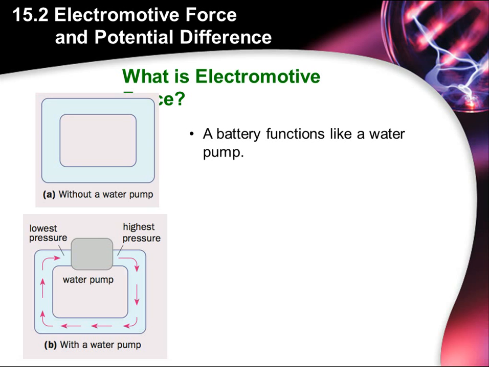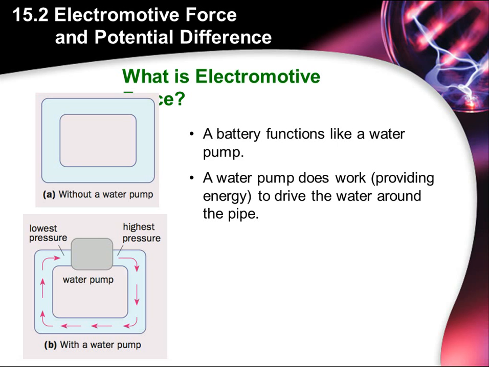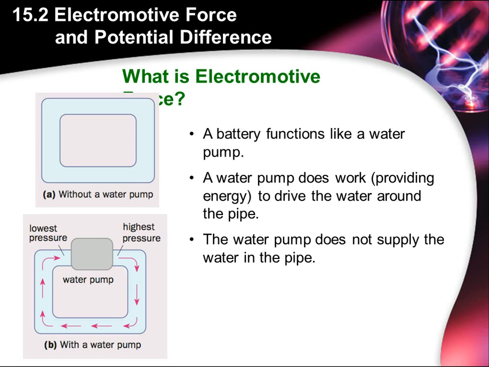So if you draw the same analogy to a battery, it functions in the same way, right? Charges are stationary. If you just have a piece of wire, even if you put it into a circuit, but you don't have a battery, the electrons in the circuit will stay stationary. But if you put a battery and connect it to the circuit, the electrons will start to move.